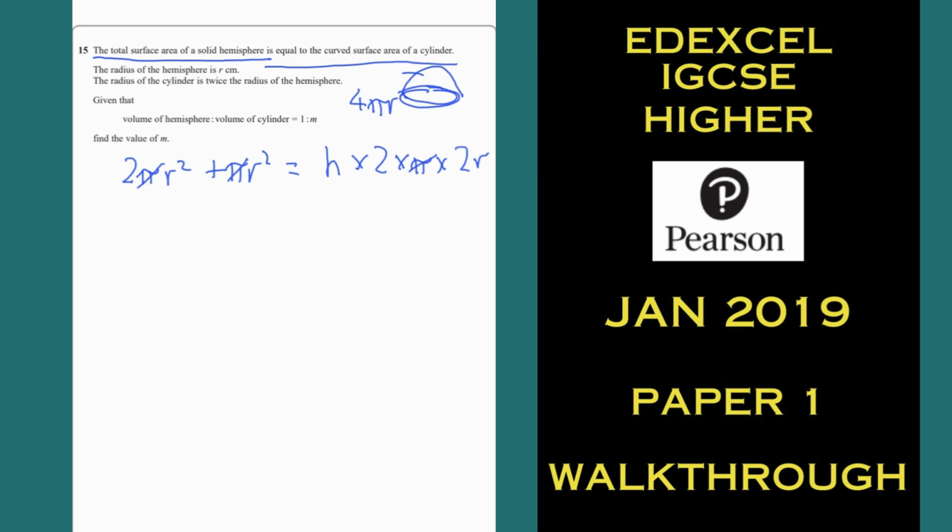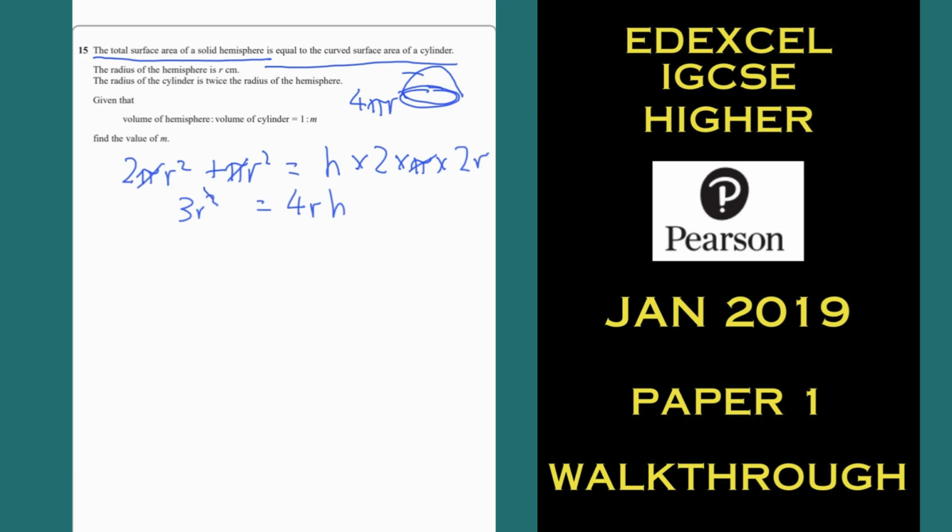We can get rid of that. And on the left hand side, we've got 2r squared plus r squared. That means we've got 3 of them. On the right hand side, 2 times 2, we've got 4rh.